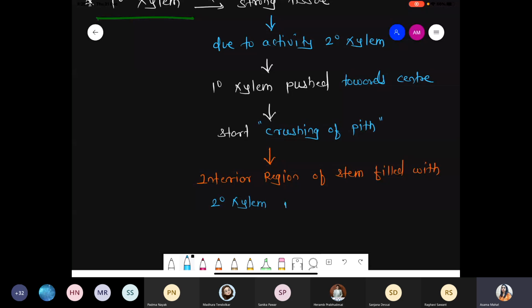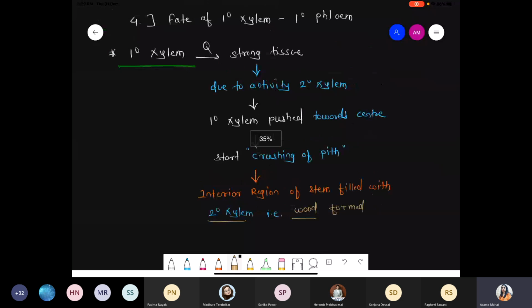That is, we can say these are the stages where wood gets formed, because secondary xylem is also called wood. So just check the steps: what is the fate of primary xylem?